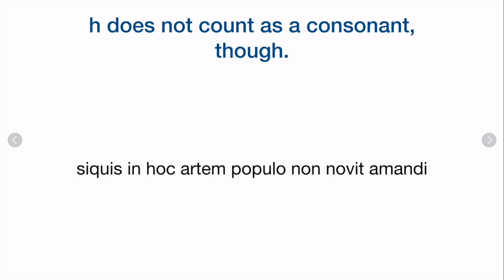H, however, does not count as a consonant. Okay, so here is, I believe, the very first line of the Ars Amatoria. Si quisin hoc artem populo non novit amandi. Okay, where this H does not make this syllable long.